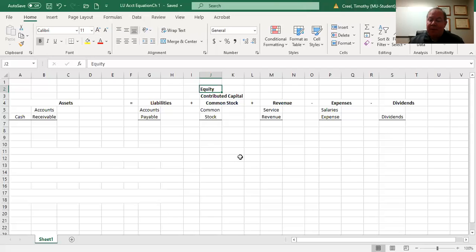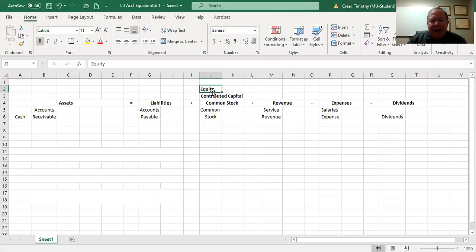So if an account represents the amount of cash that the company has, that's going to be their cash account. If it represents how much revenue they're earning from business deals, then that's going to be their revenue account. So accounts are set up and named after what they represent. So always keep that in mind.